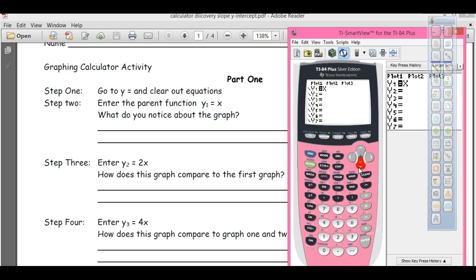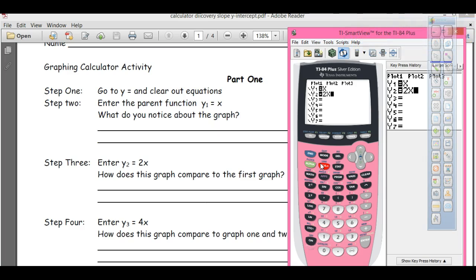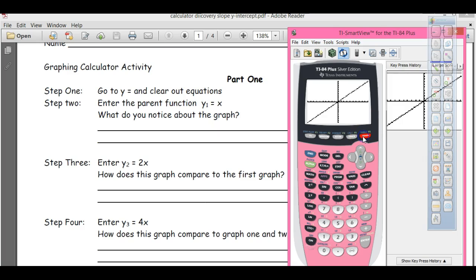So now it's blinking on y2, right? So in y2, they want 2x. Now we want to see what that looks like, right? So hit graph again. Now it's got both lines.